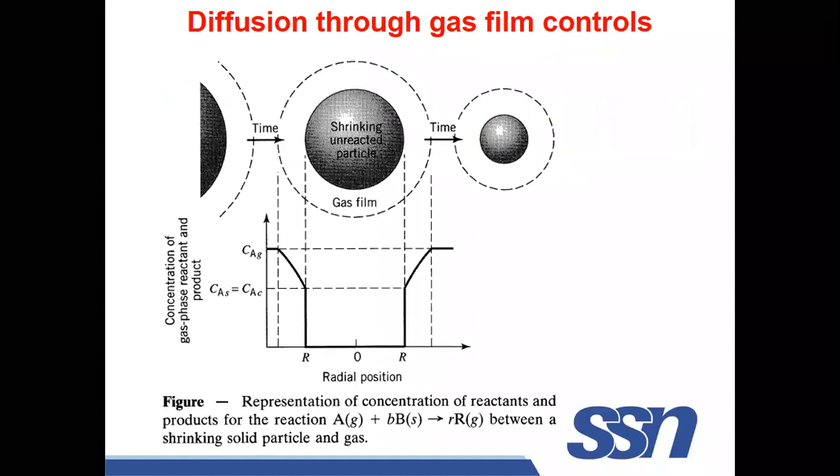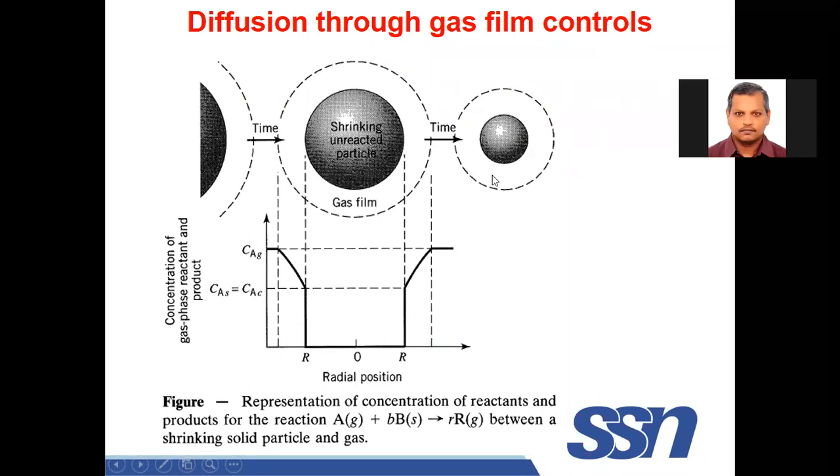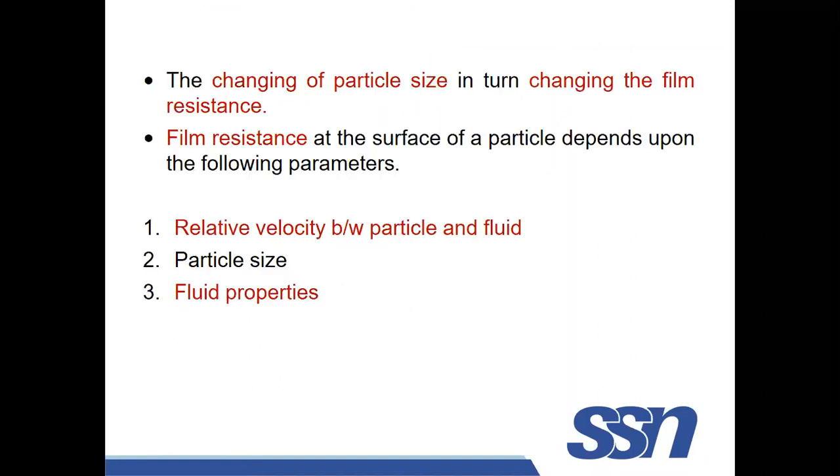But for diffusion through a gas film, since the particle is reduced, the size of the particle or the area which is being wetted by the gas will change. Accordingly, the values will change, right?